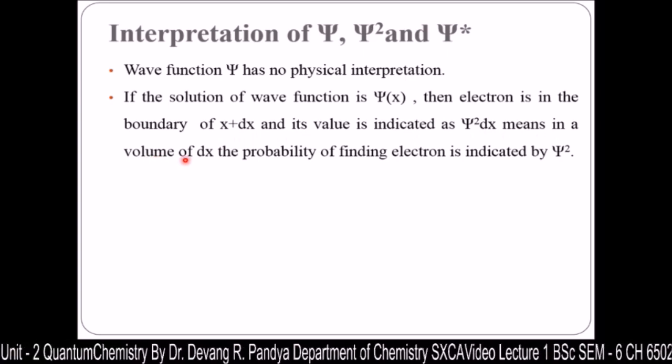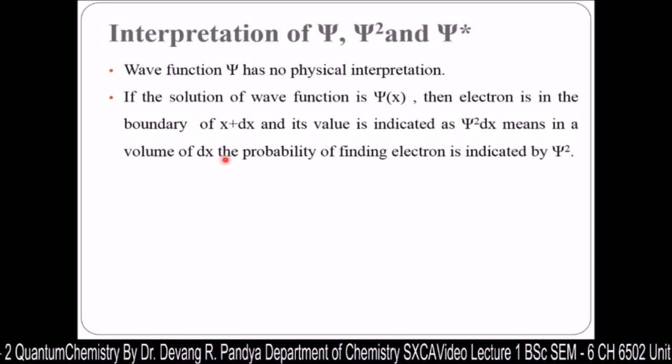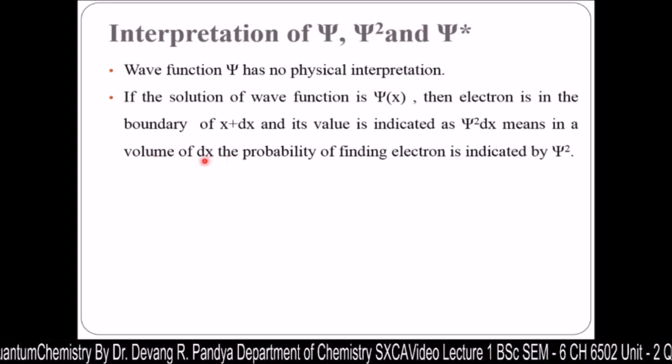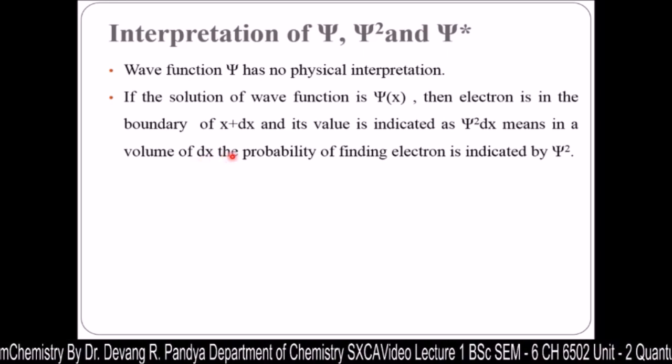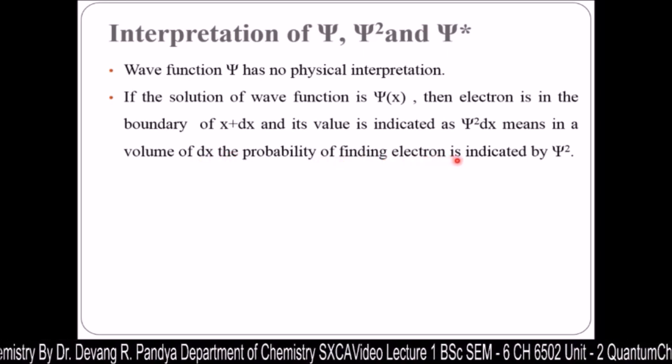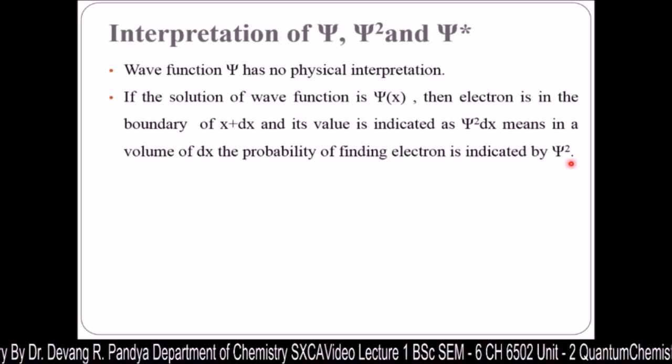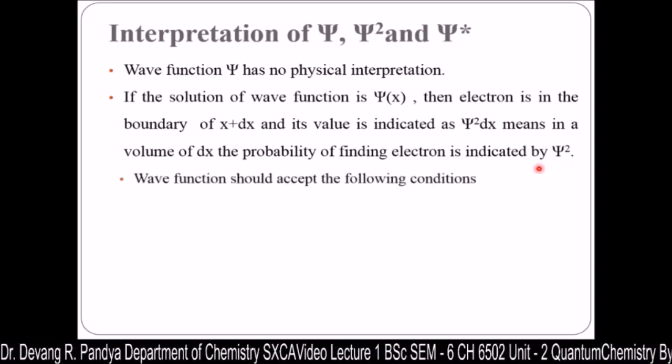That means in a volume of space dx in the x direction, the probability of finding the electron is indicated by psi square.